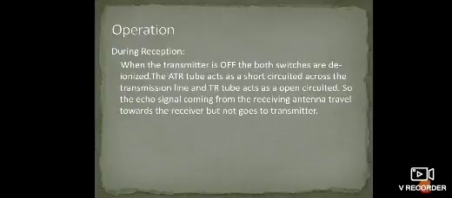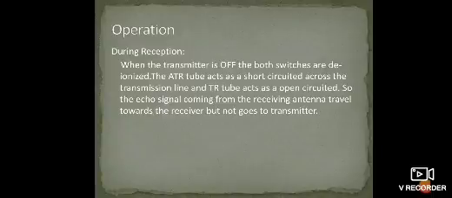The opposite of transmission is reception. Whenever the transmitter is in the off condition, both switches are deionized. When deionized, the ATR tube acts as a short circuit, and the TR tube acts as an open circuit, because TR and ATR are opposite to each other.